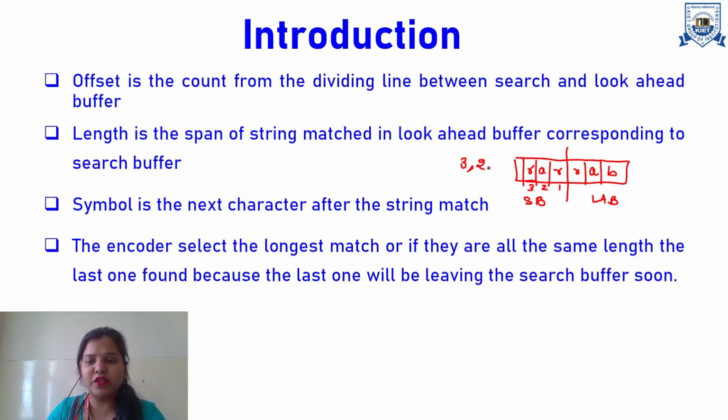And code will be the next element which is not matched in the search buffer, meaning the symbol next after the matched string. R and A are matched here, next is B. B we don't get any matching here, so we will send code for B.